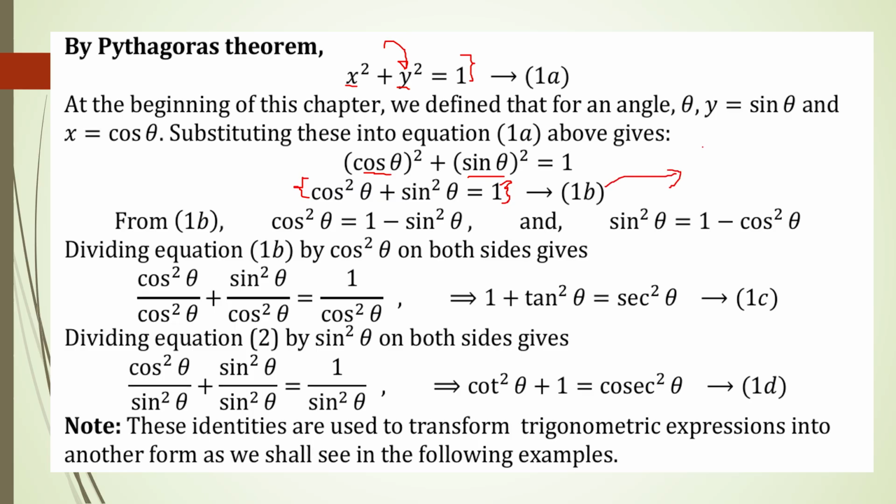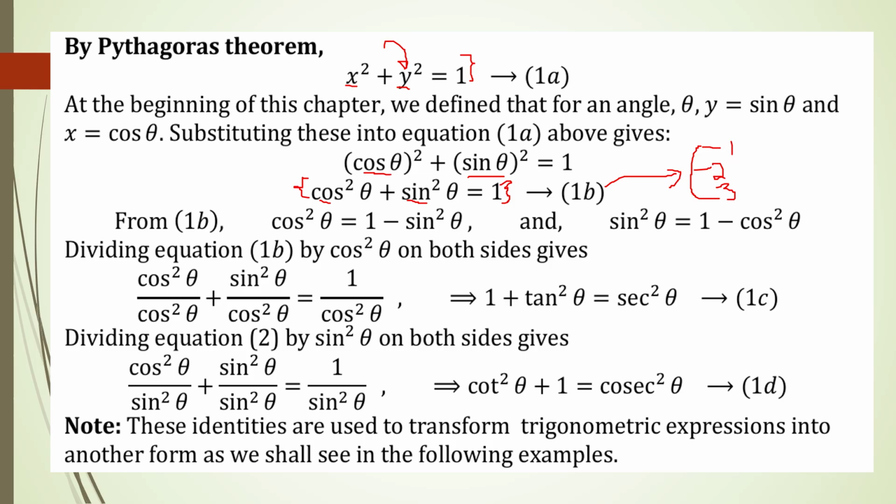Remember that there are three identities. The first one is cos squared theta plus sine squared theta equal to 1. For the second one, we either divide through by sine squared theta, or divide through by cos squared theta to get the other identity. Let's start by dividing through by cos squared theta to get our second identity.